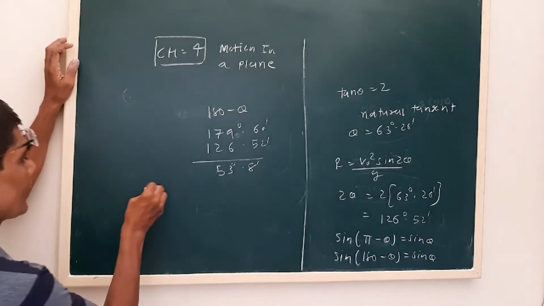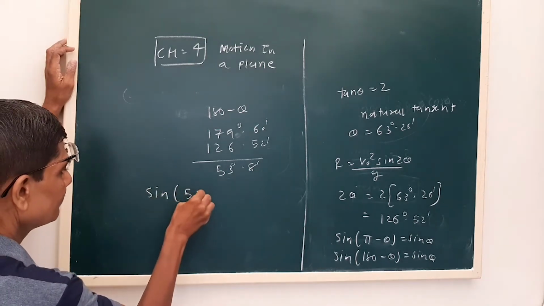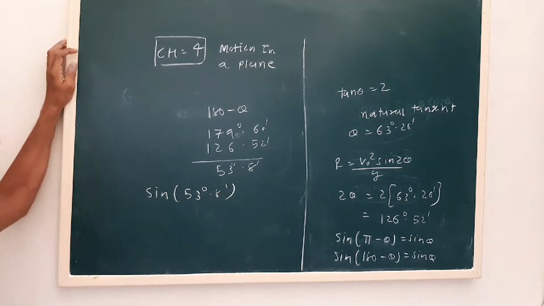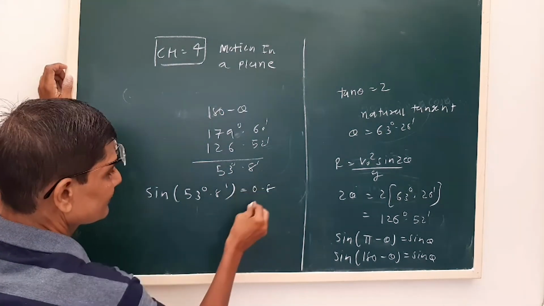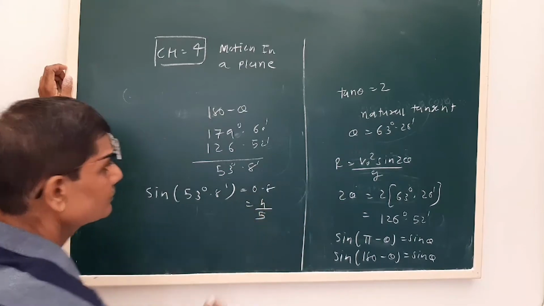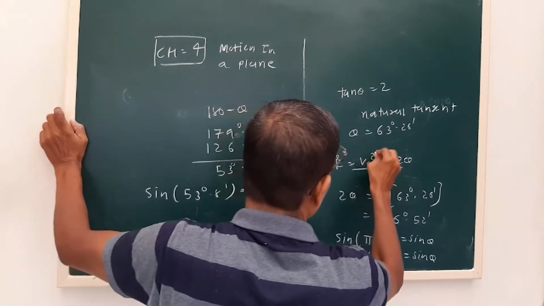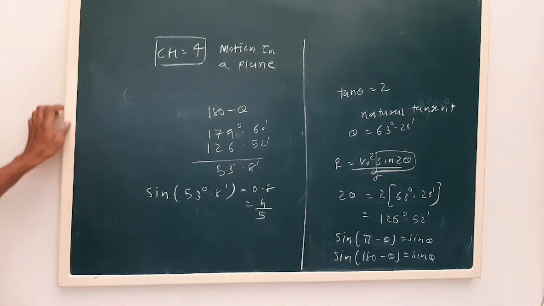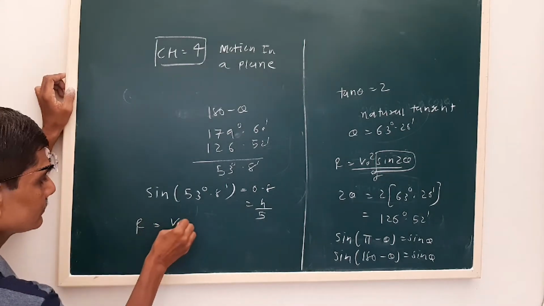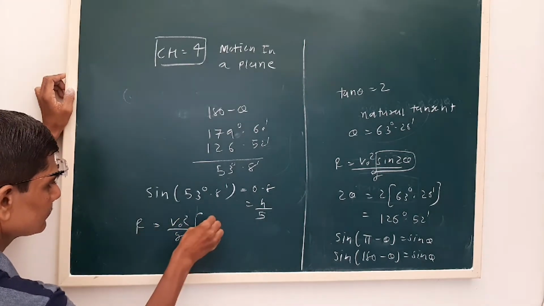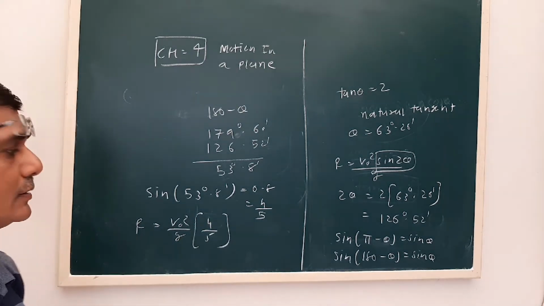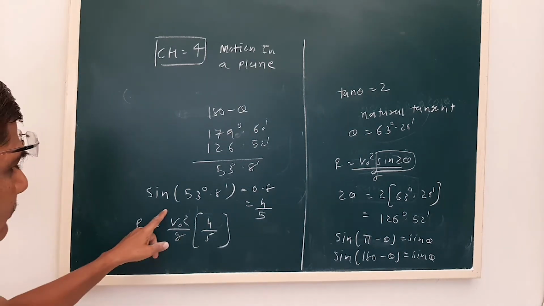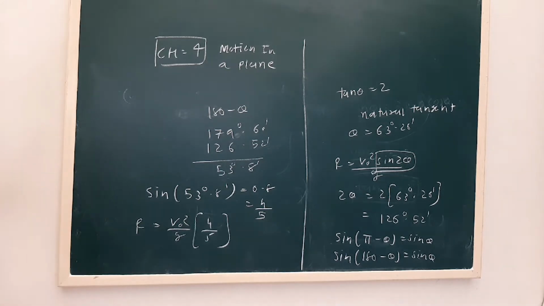Now sine 53 degree 8 minutes, here you can see again in the natural table, that is 0.8. 0.8 is 4 by 5. This value we have obtained as 4 by 5. So range is equal to, okay, this is our answer. The range is given in terms of V0 square and g. So this is how we can solve.